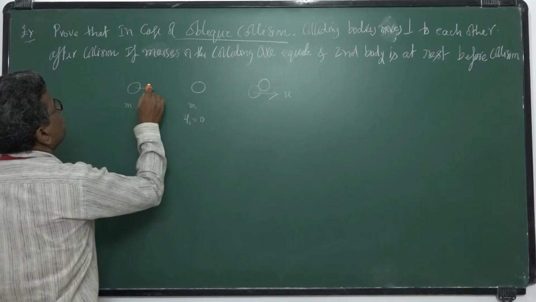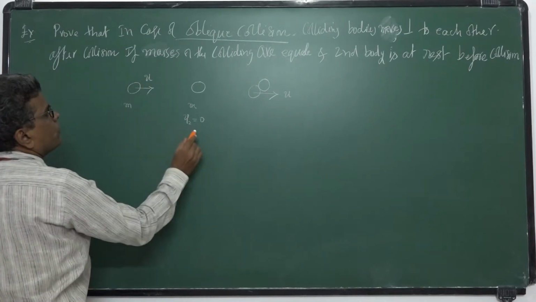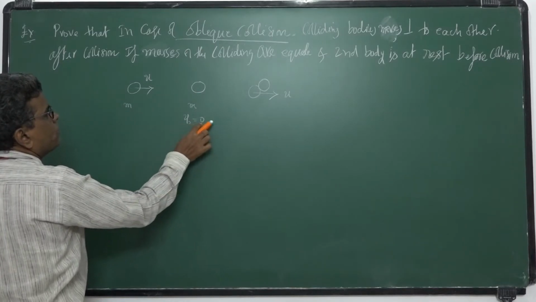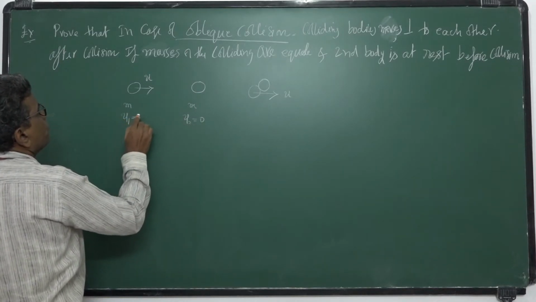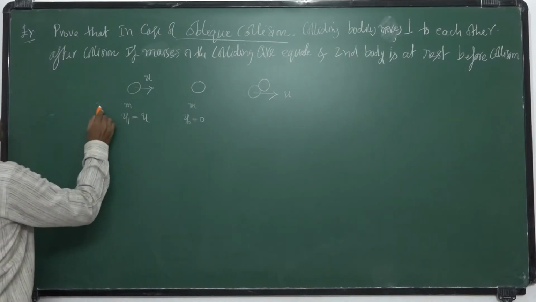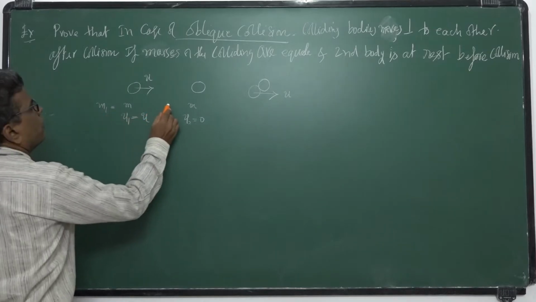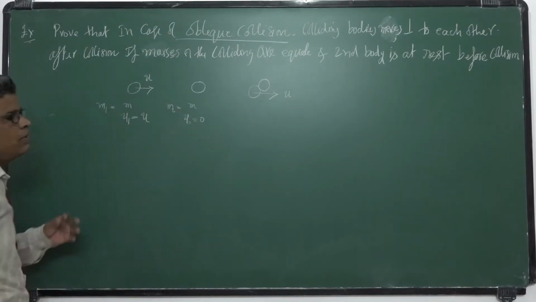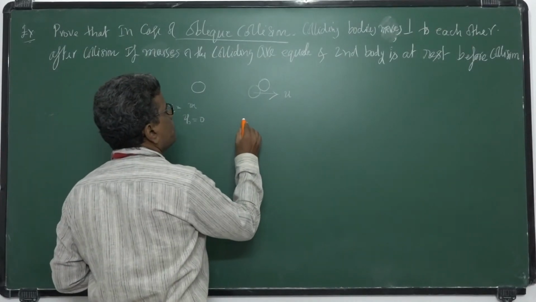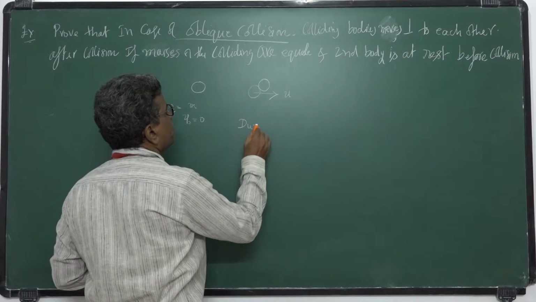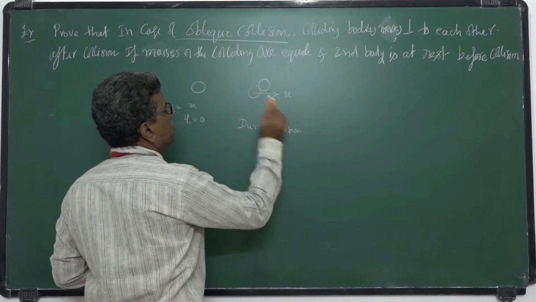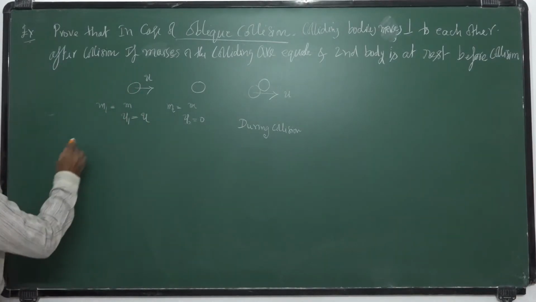That means the first one moves with velocity u, that is u1 is equal to u, u2 is equal to 0. m1 is equal to m, m2 is equal to m. Masses are equal. So this is during collision, and this is before collision.